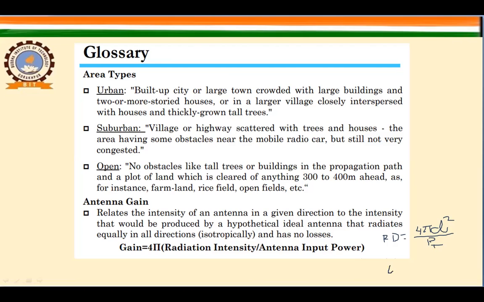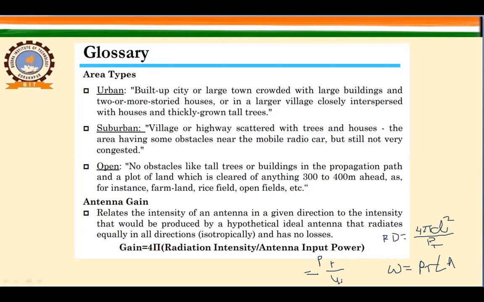And that is given by W, the transmitted power over the area. So the transmitted power area is 4 pi r square.